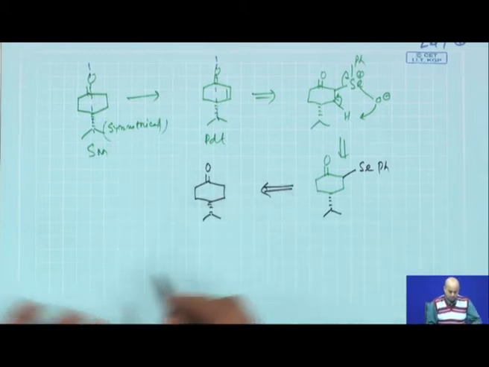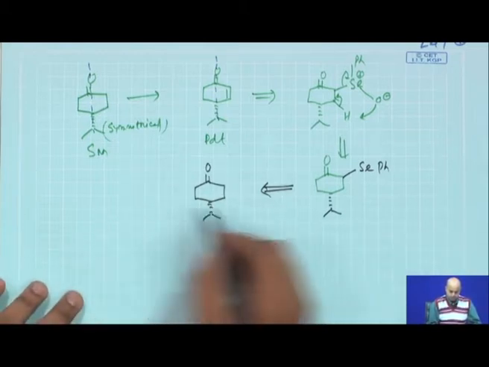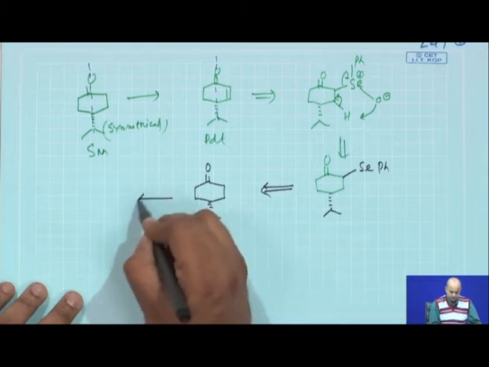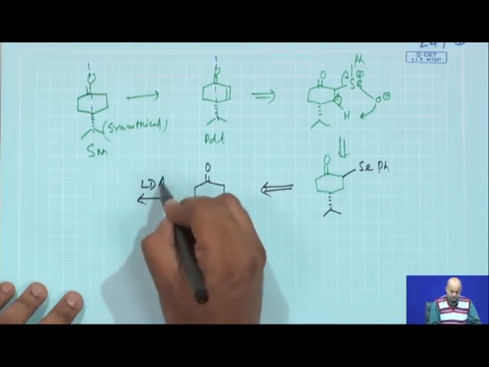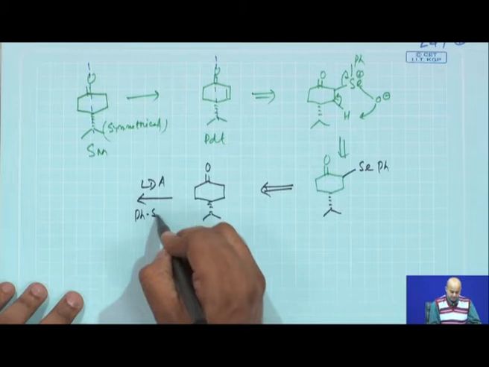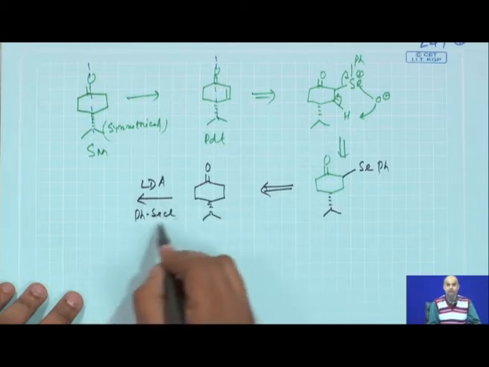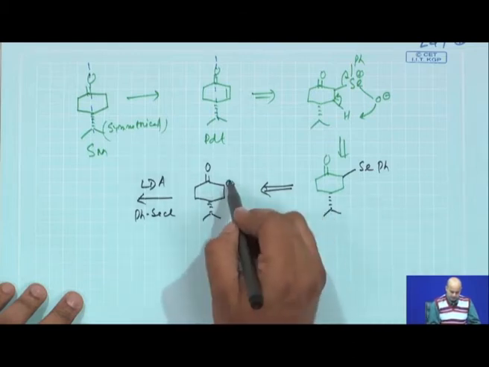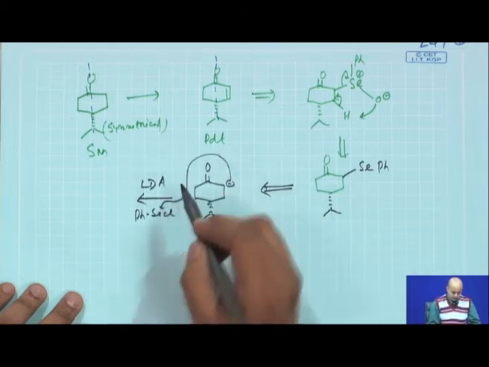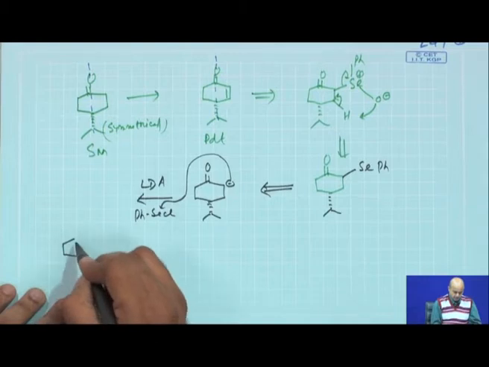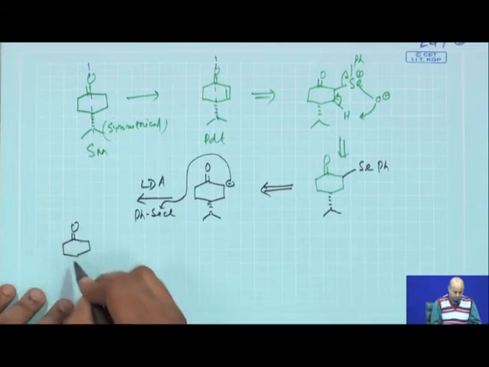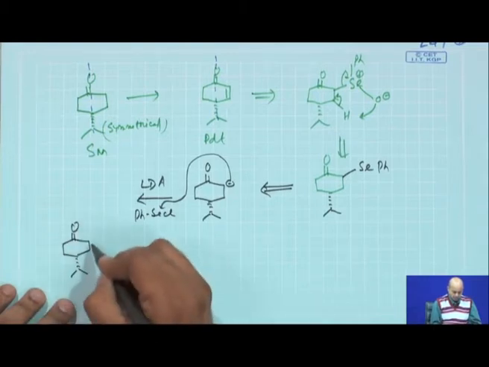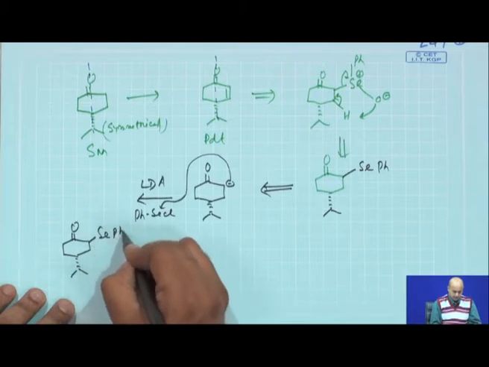So, your forward synthesis now starts with LDA and PhSeCl, the electrophilic reagent. So, initial is your anion generation, which will attack the SeCl to basically give you the double bond, ketone and SePh.